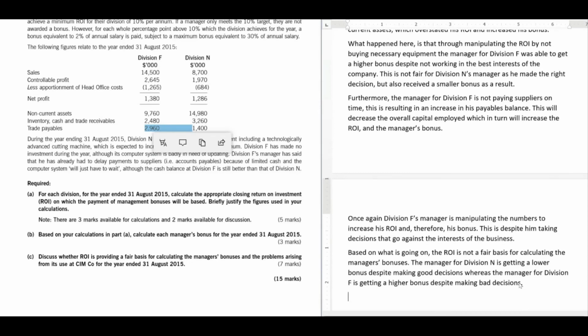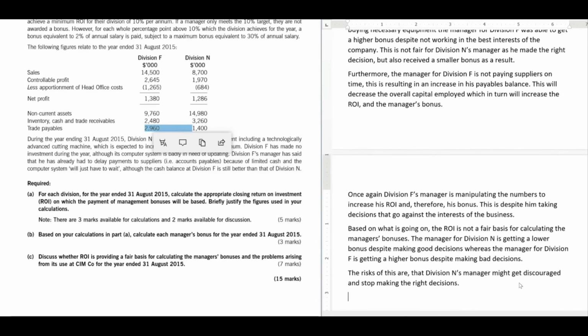Okay, and let's highlight the risks. The risks of this are that Division N's manager might get discouraged and stop making the right decisions. So let's just list down these risks.